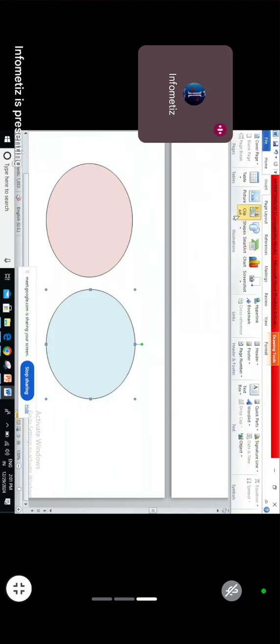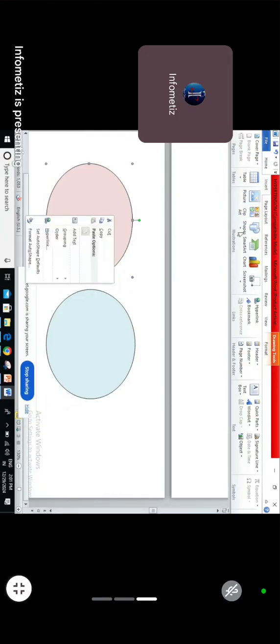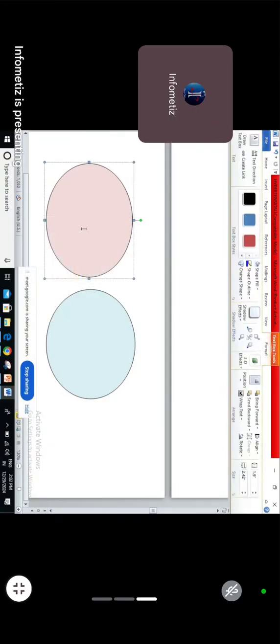Add text, where is it? Add text, yes, correct.